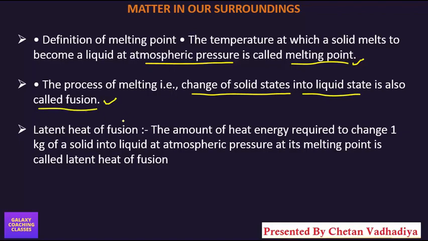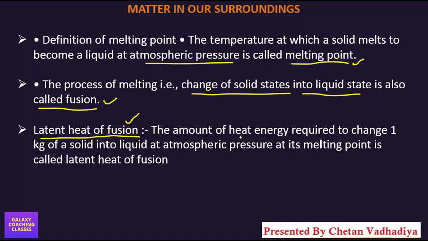that we had already studied. And what is latent heat of fusion? During this whole melting process, the ice absorbs some heat. So that heat which is absorbed by ice to convert into water is called latent heat of fusion. Let me read the definition properly.